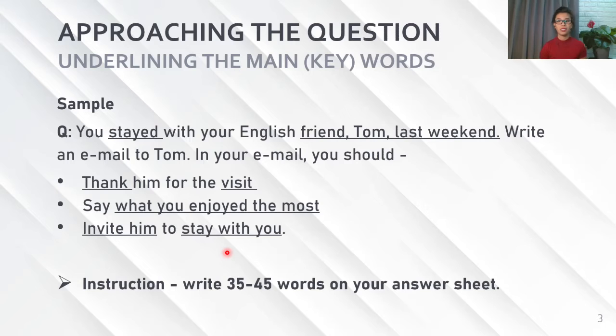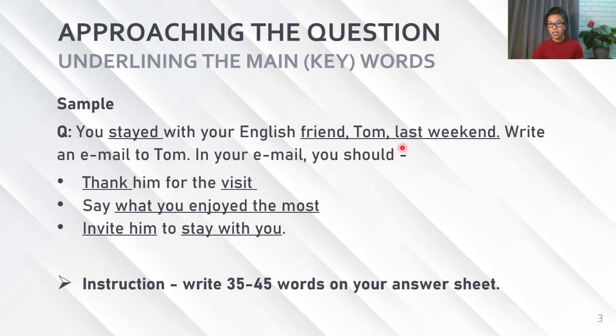So these are how to approach the question, how to really understand it, how to know what the question asks you to do, and then how to choose the appropriate words and the appropriate tenses for this question. The main time frame here is last weekend. So every single thing in your email, the solid contents that you're going to be writing about, must be in past tense.